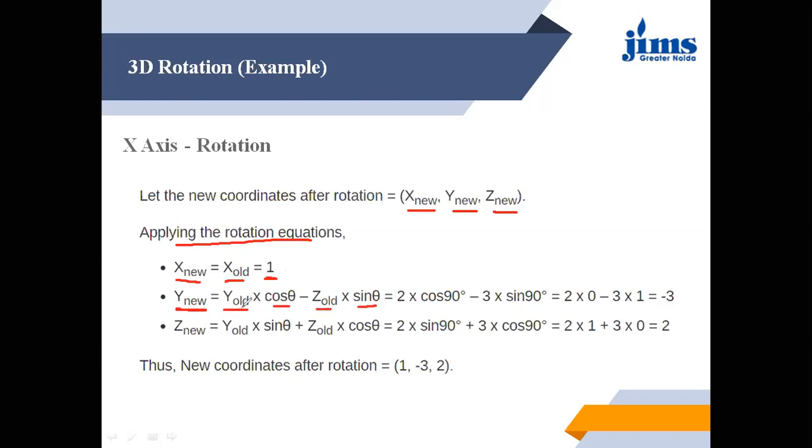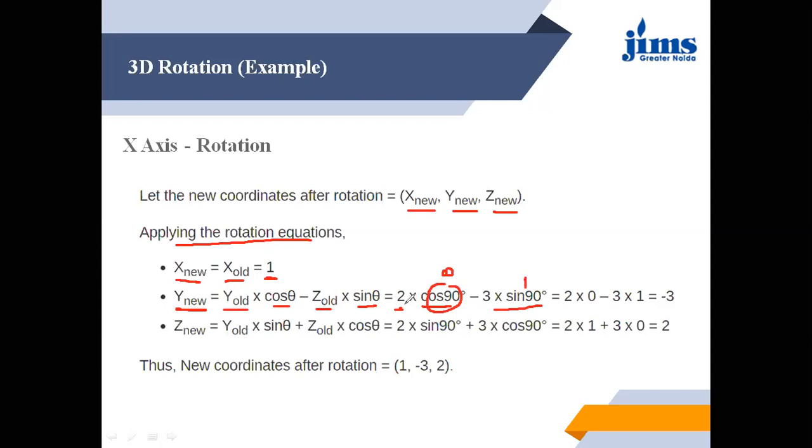So the value of y old is 2 multiplied by cos theta, theta is 90, so 2 into cos 90 minus the value of z old, which is 3, multiplied by sin 90. The value of cos 90 is 0 and the value of sin 90 is 1.